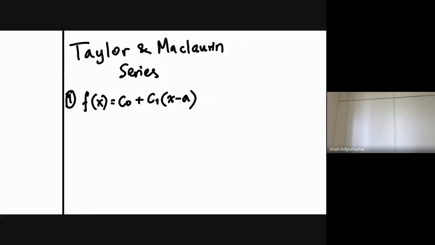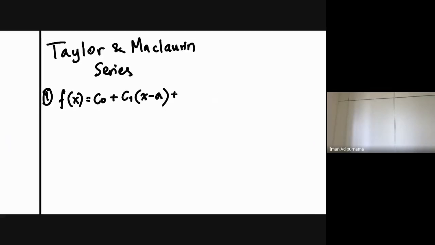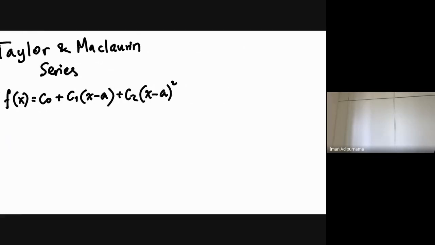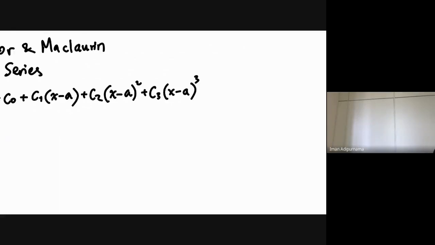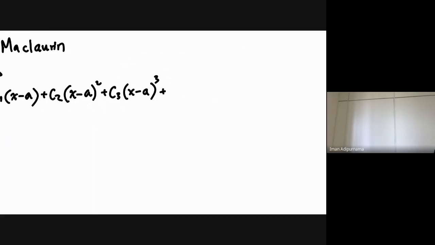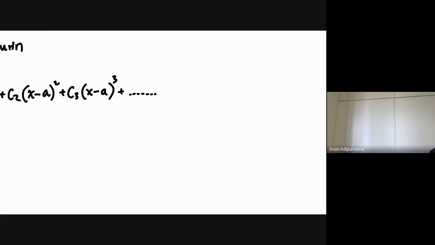We have c0 and then c1, and then the x variable will have a squared, and the same for the cube, and it will continue until some n.